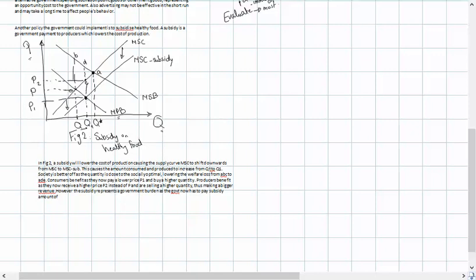So the quantity consumed is Q1. The vertical distance represents the subsidy, so I'm going to label this point F, and this is labeled as E. So let me just rewrite it as E.